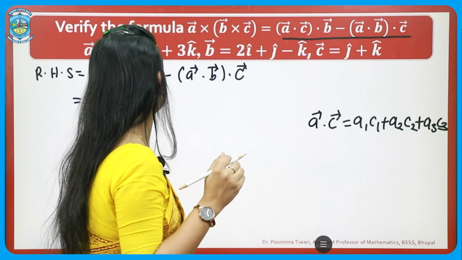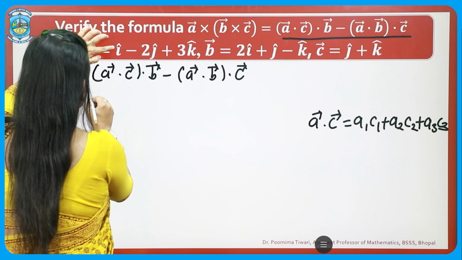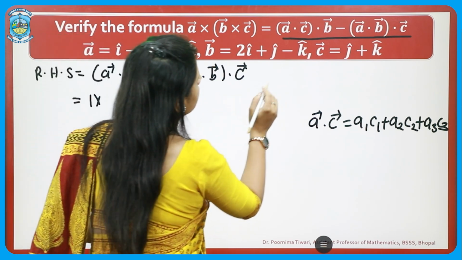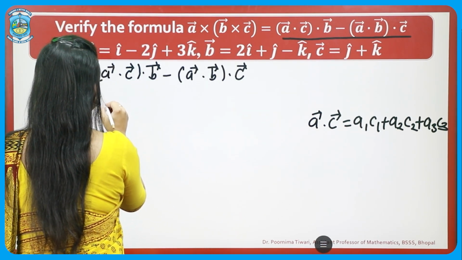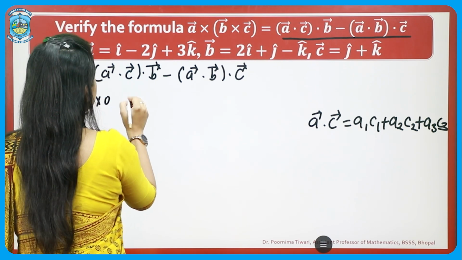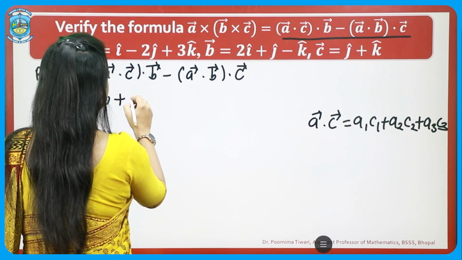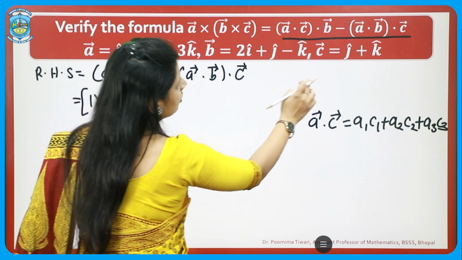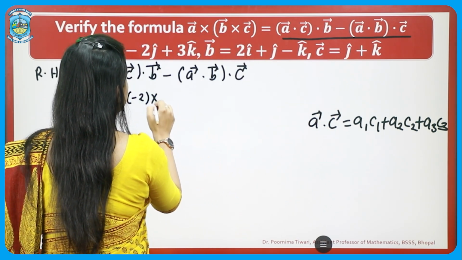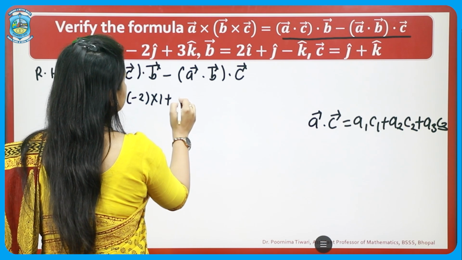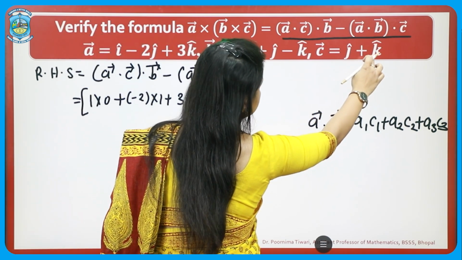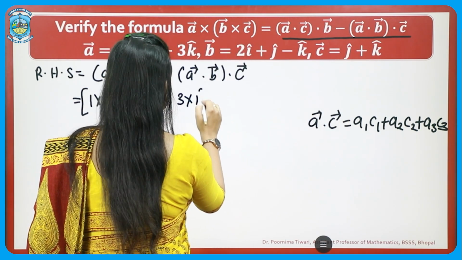So, we will use this formula. A1 is 1, C1 is 0, plus A2 is minus 2, C2 is 1, plus A3 is 3 and C3 is 1.